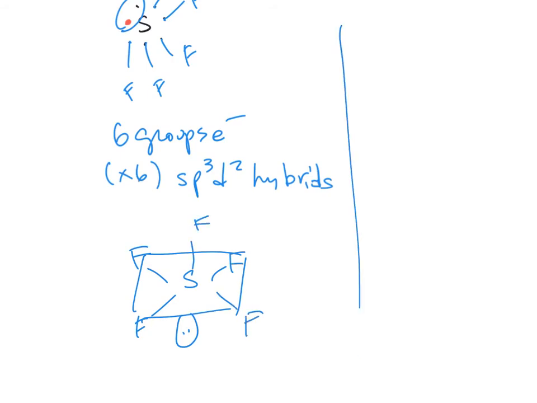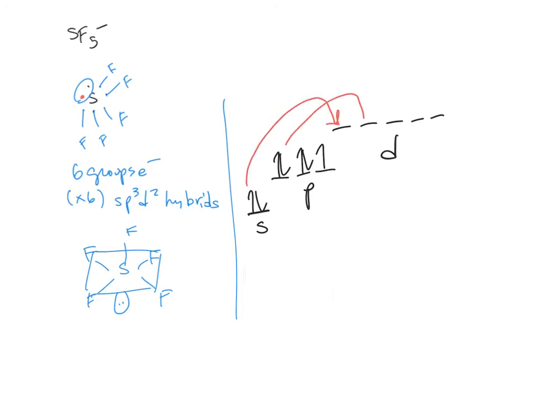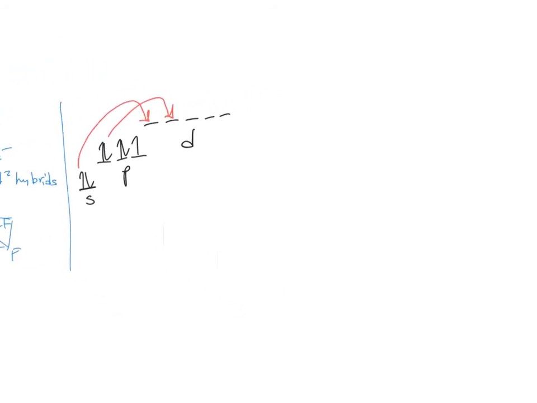Okay, so we got all of that, and now quickly put it all together here just to show what to do with that negative. So you have S, P, D, and there are 7 electrons, 1, 2, 3, 4, 5, 6, 7. We know we're making 6 hybrids, so we're going to promote 1 from here and 1 from here into the empty d orbitals.